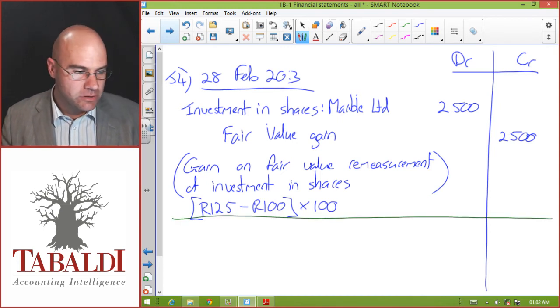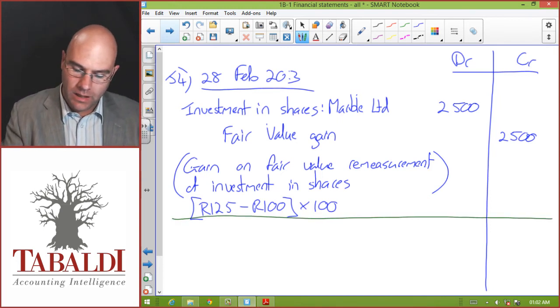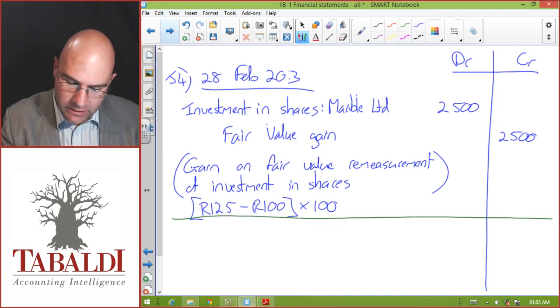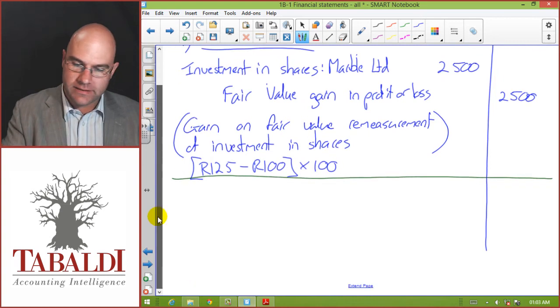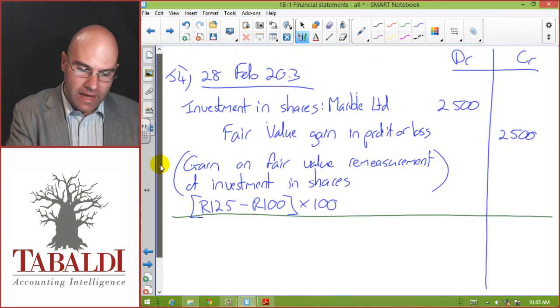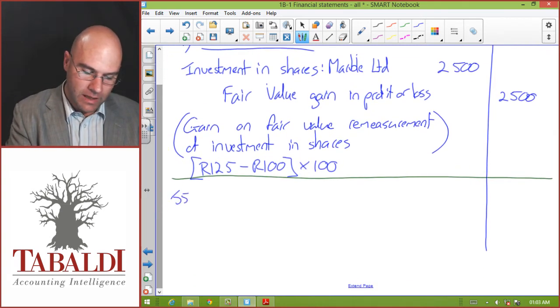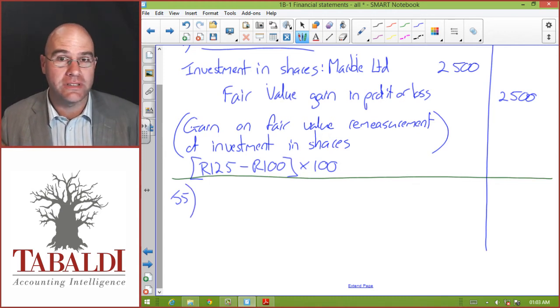What do we have to remember to do? Let's just quickly put this down properly. Fair value gain in profit or loss. Let's not be lazy, sorry. Okay, so we're crediting fair value gain in profit or loss. Next up, we need to take that gain, and because it's in profit or loss, we need to close it out, right?